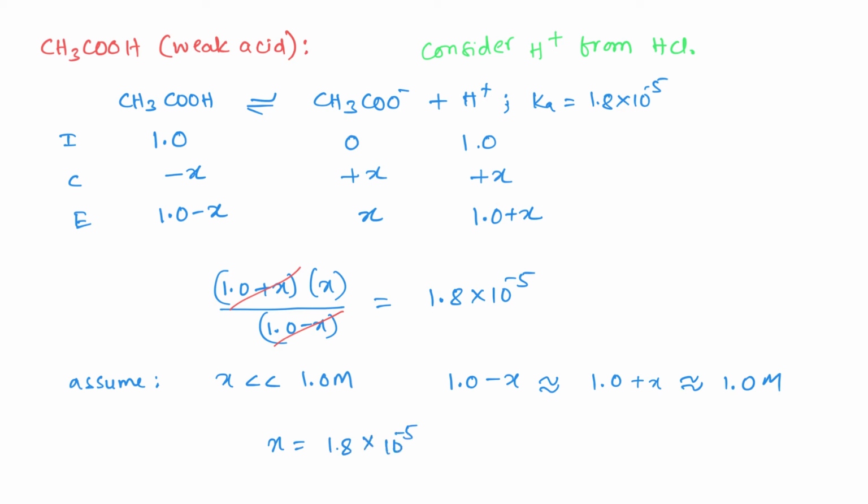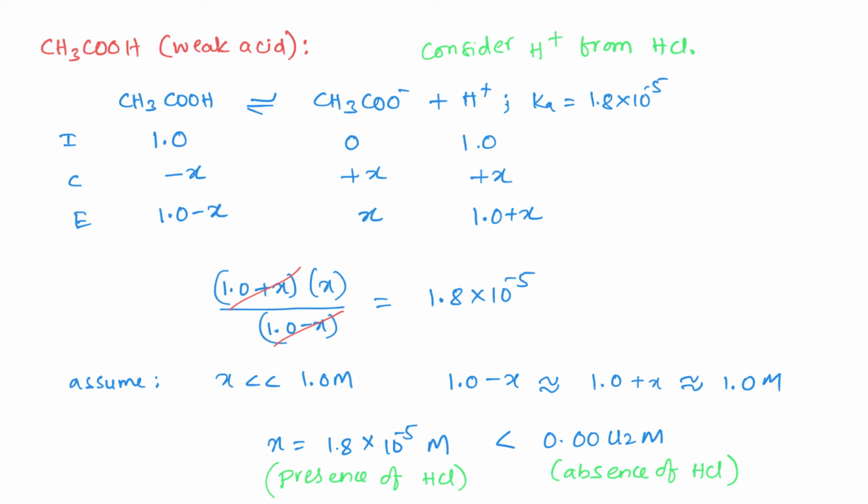That is, if we consider the H plus ions produced by hydrochloric acid, then the H plus ions produced by acetic acid is 1.8 times 10 to the minus 5 molar. This concentration is lower than the H plus ions produced by acetic acid in the absence of hydrochloric acid.